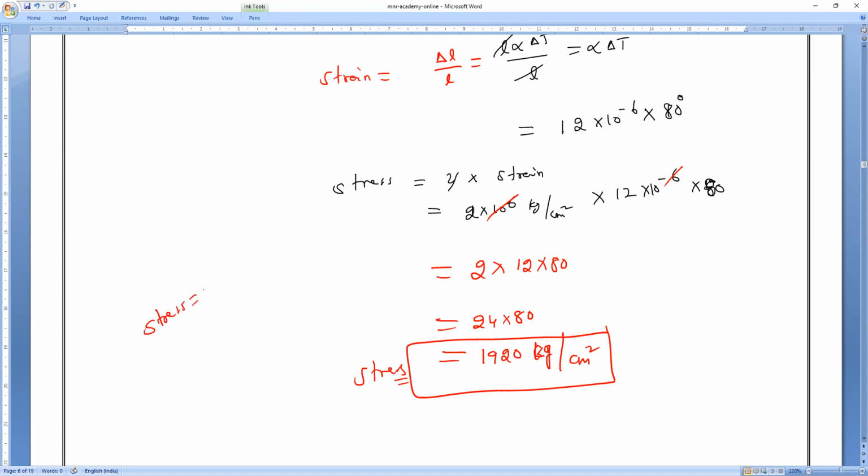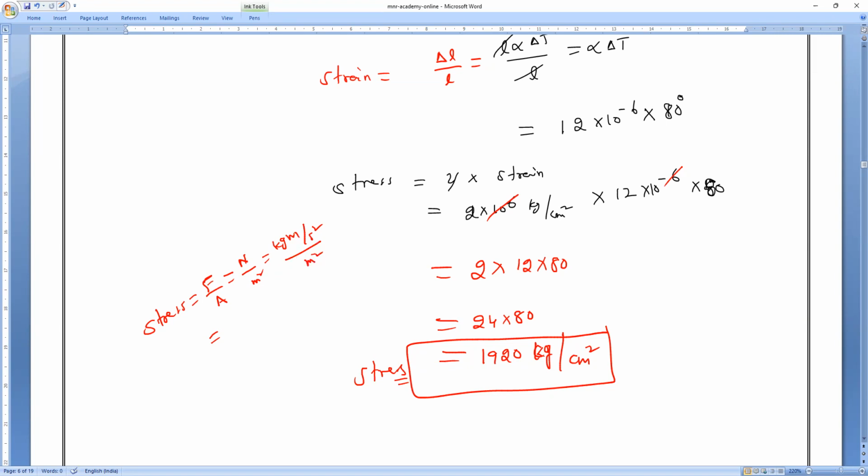What do you mean by stress? Stress is equal to force per area. The unit of force is the Newton, and Newton is kilogram meter per second square, per meter square.